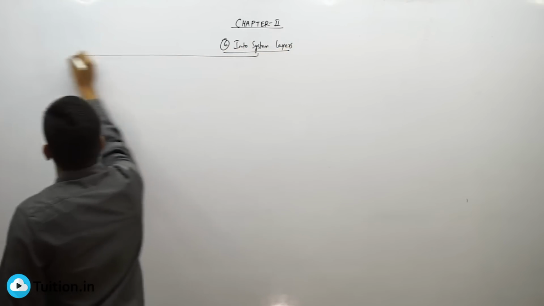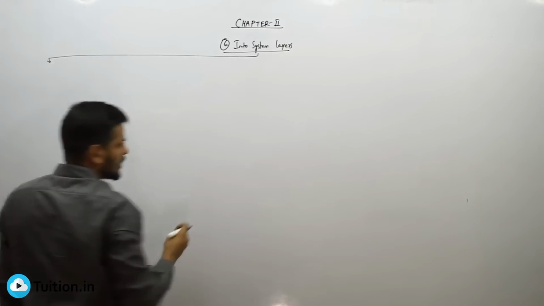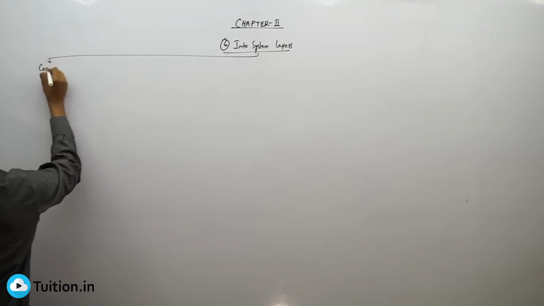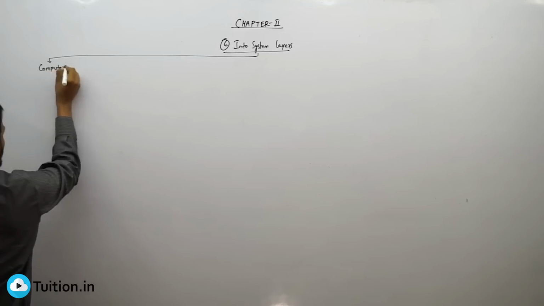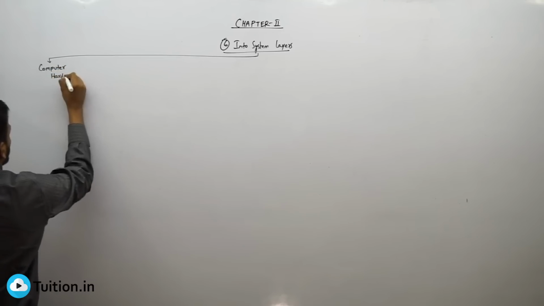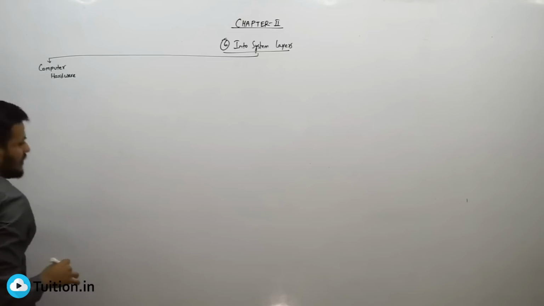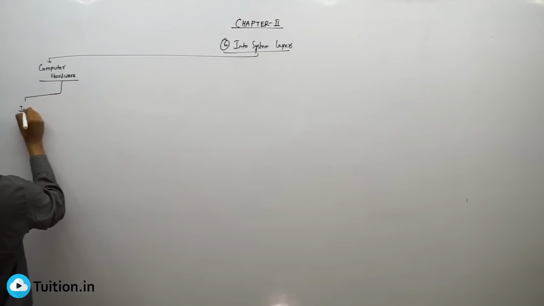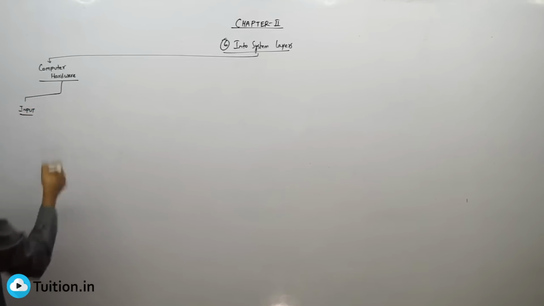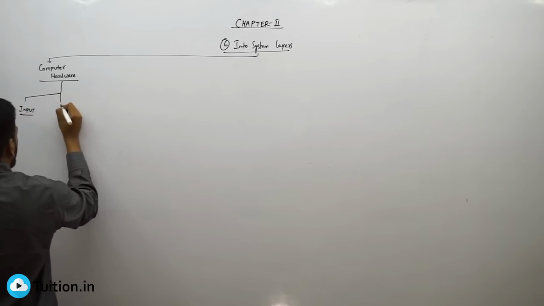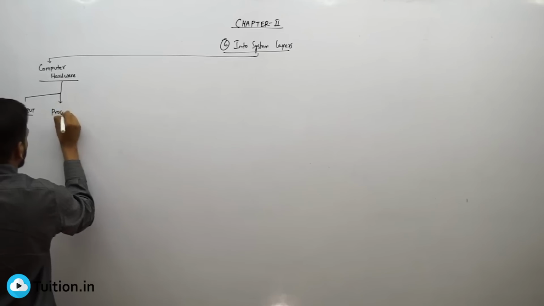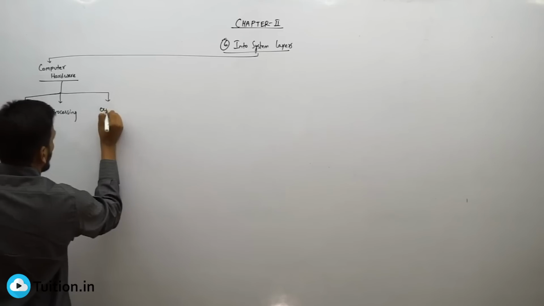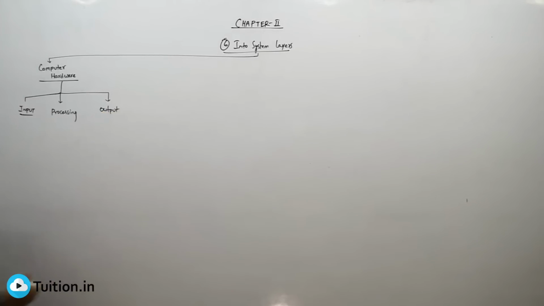Alright, we have 6 things to be divided, guys. First of which, let me talk about computer hardware, software, networks. We have everything. So first, computer hardware. Hardware is again classified into input devices. I am not writing the examples because I believe you know those, right? Then we have processing devices, which I will be discussing, and then of course output devices, which we are again not much bothered with.